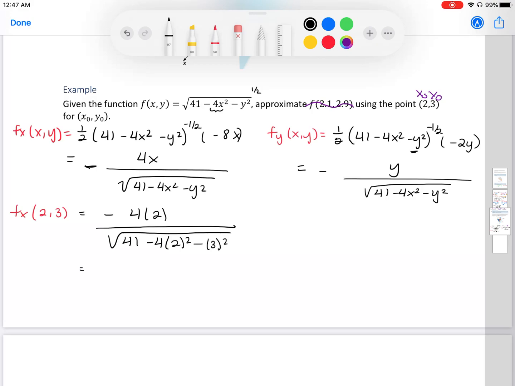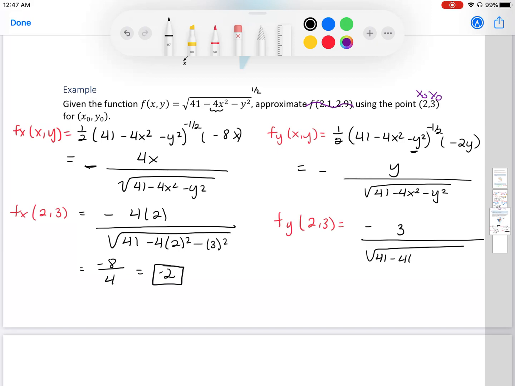We get negative 8 over 4, that's negative 2. Now for y, the derivative in terms of 2 and 3, we get negative, and our y is 3, and our denominator is the same, 41 minus 4 times 2 squared minus 3 squared. So you get negative 3 over 4.